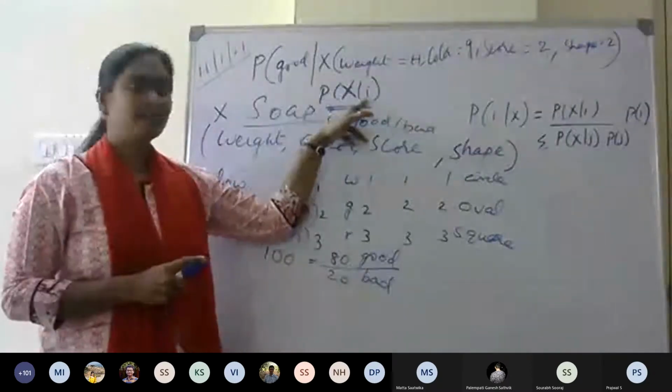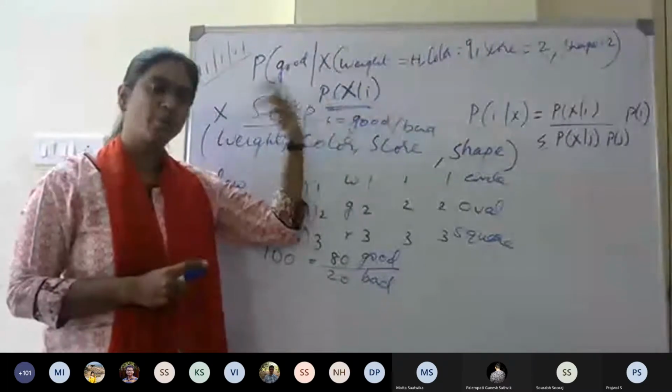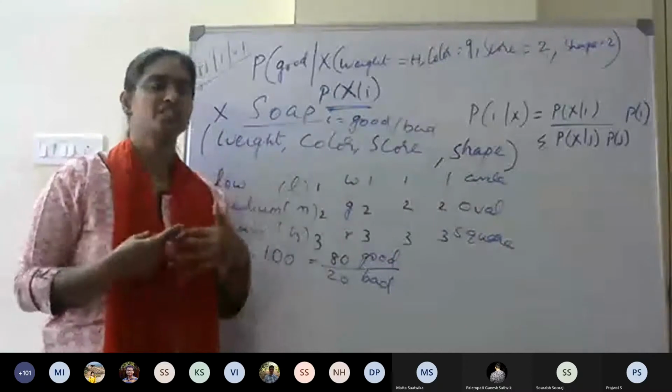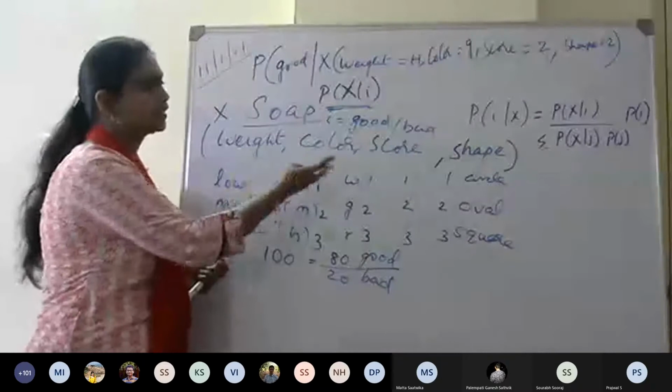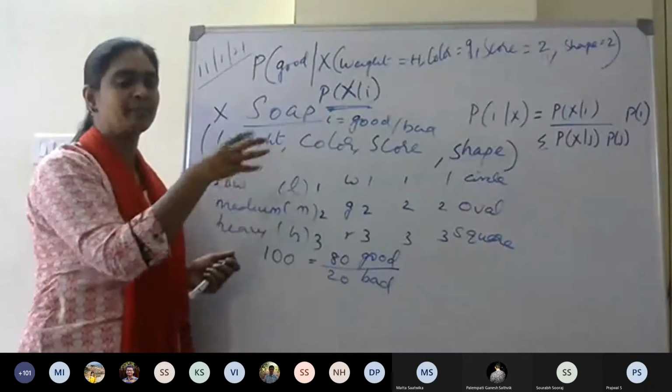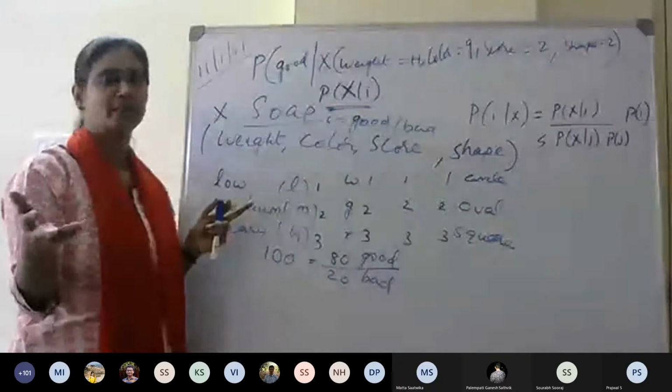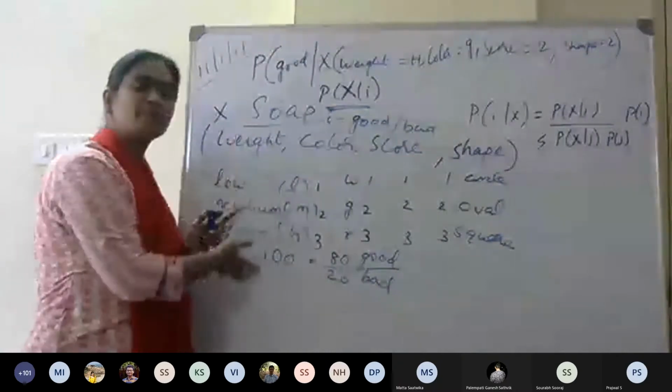So given that the soap is good, what is the probability that it contains all these features? For 4 parameters, you can calculate how many combinations, maybe with n factorial, so that many combinations of records I can get.